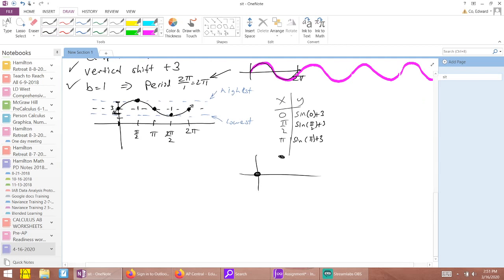So let's look at the pattern over here. The sine graph goes up, down, back to the middle, down all the way down, and then back to 0. Up, down, down to the bottom. Up.